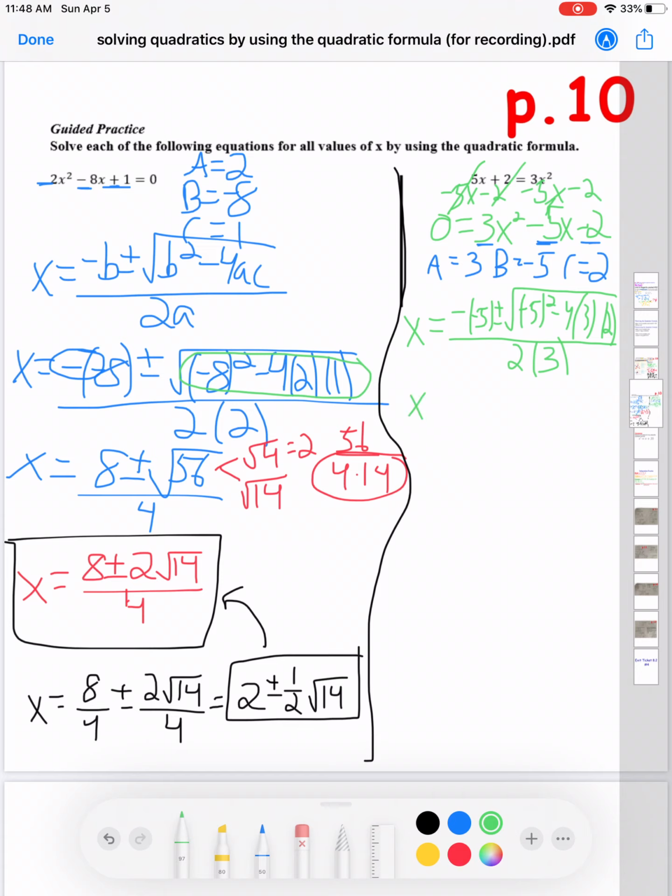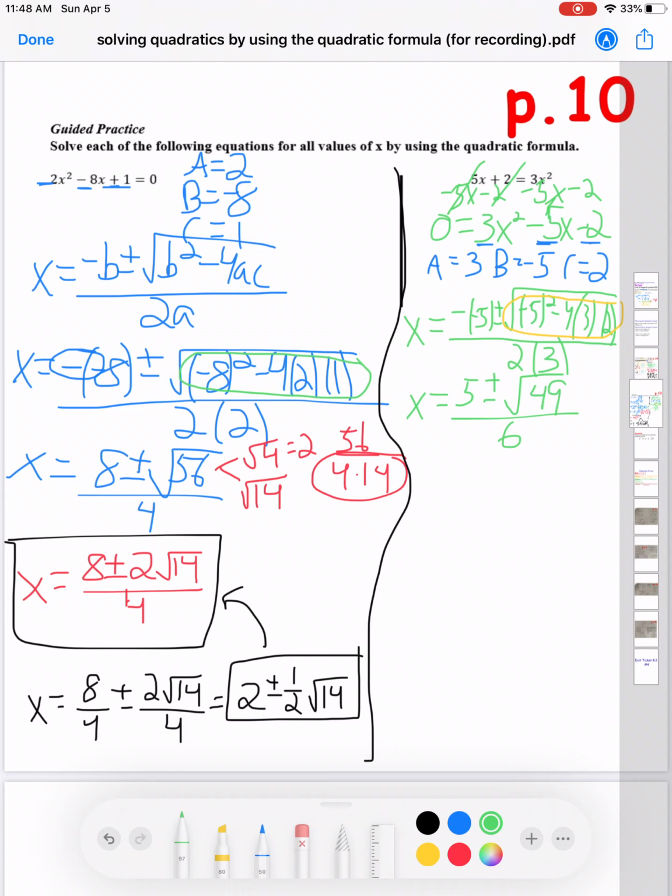Going through to simplify this, x equals a negative times a negative is a positive, so that's positive 5, plus or minus. Again, I would go ahead and put all of this mess inside of the square root into your calculator. The number that you should end up getting here is 49, all over 2 times 3, which is 6.